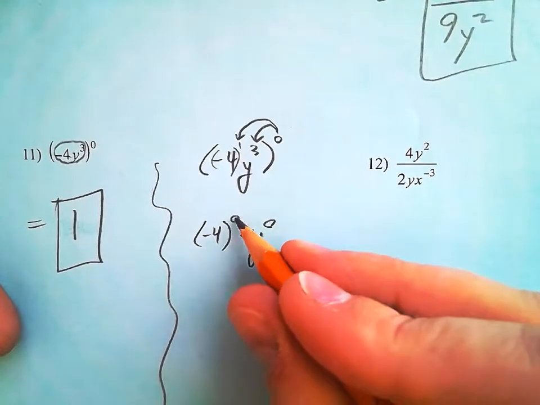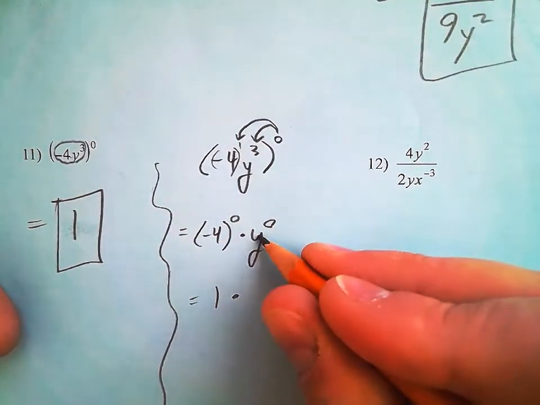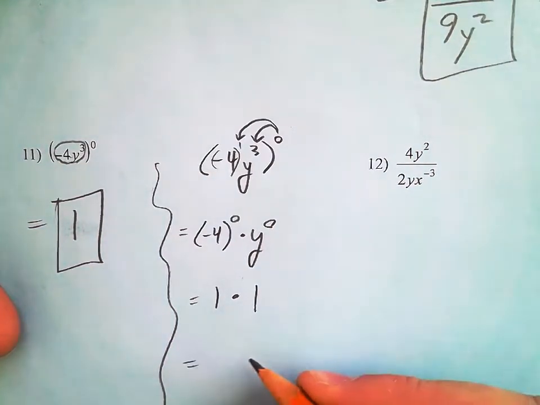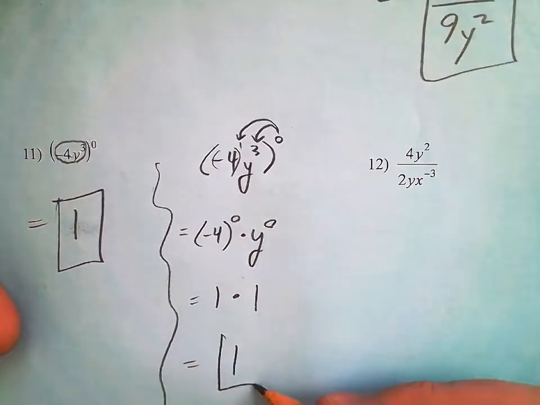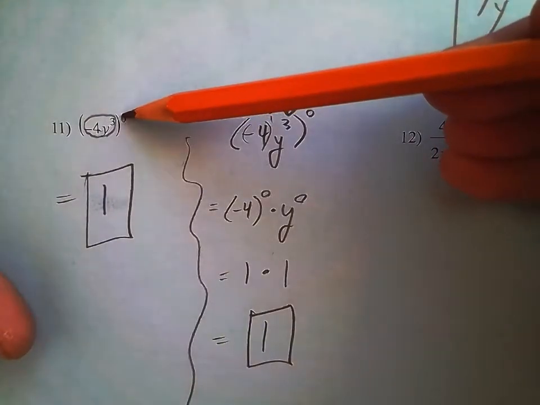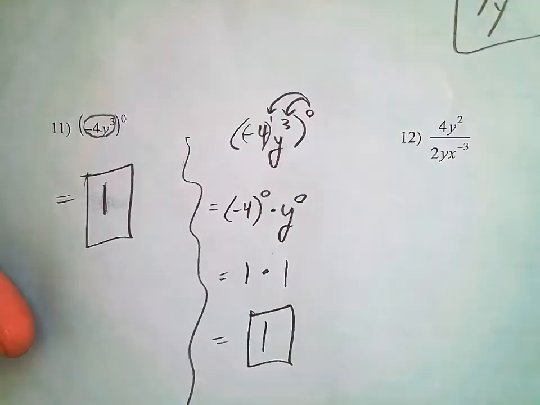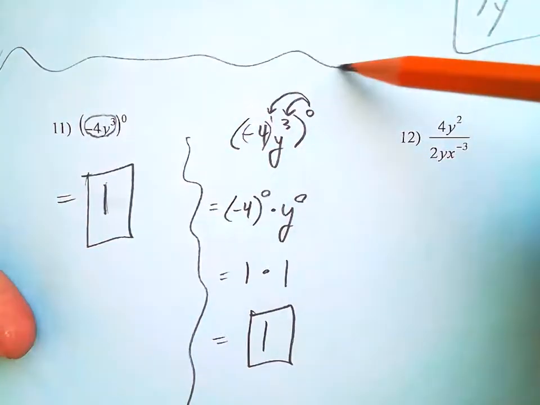And negative 4 to the 0 is 1. And y to the 0 is 1. And 1 times 1 is 1. Okay. Hopefully you could just tell, oh, the whole thing's to the 0, so the whole thing's just 1. But if you did it the long way, that's great too.